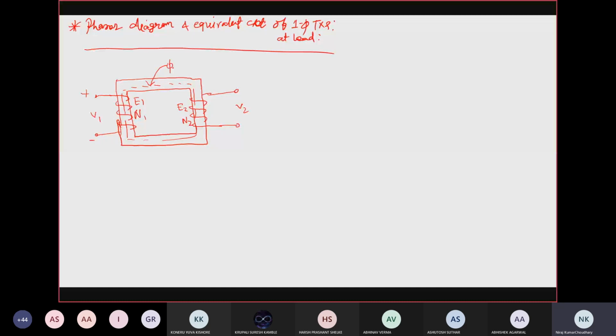So you know that the magnitude of the induced EMF, that is E1, in the primary winding will be approximately equal but opposite to the applied voltage V1, because we are considering here an ideal transformer. So in ideal transformer we will also ignore the winding resistances.